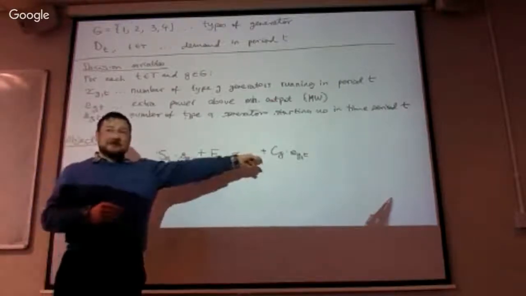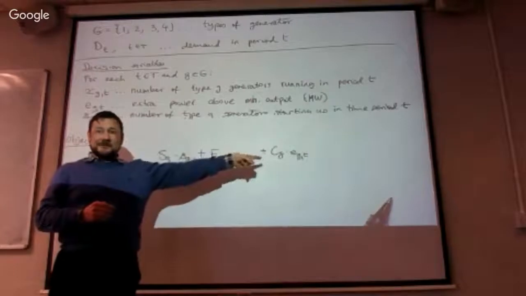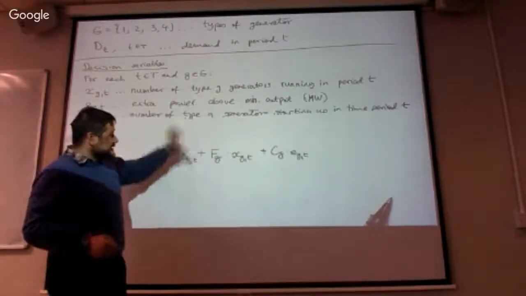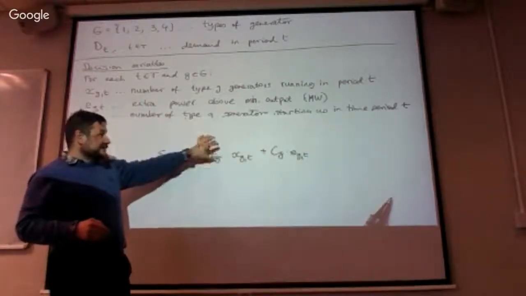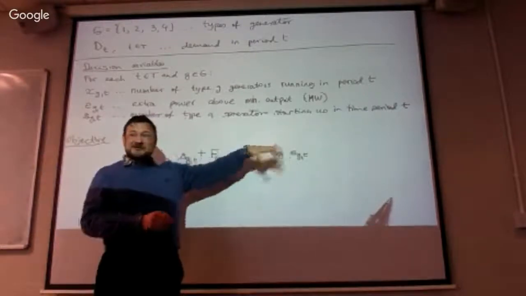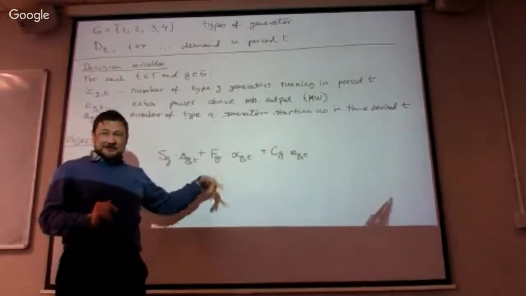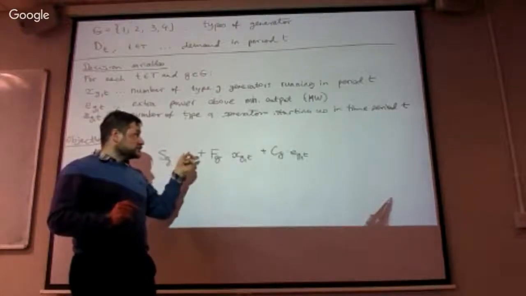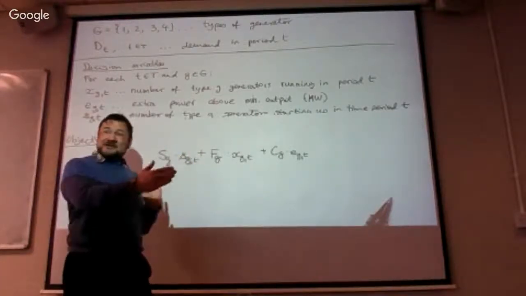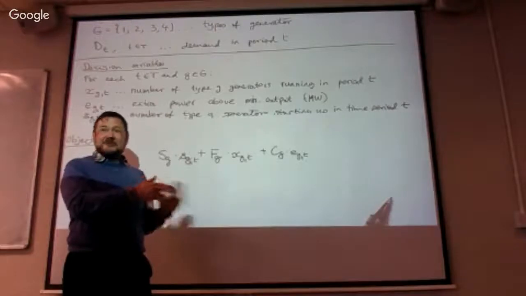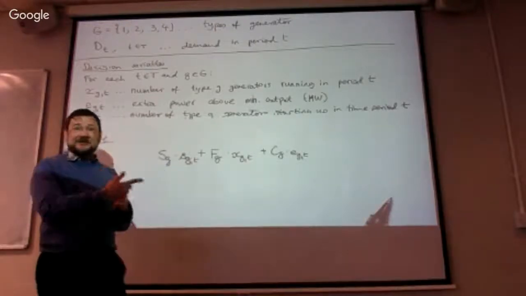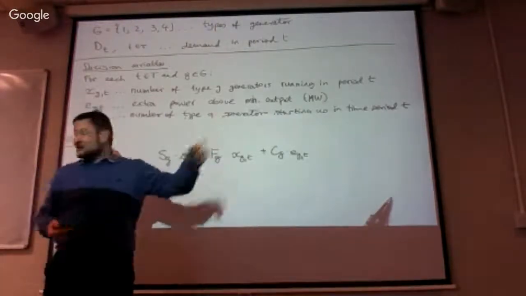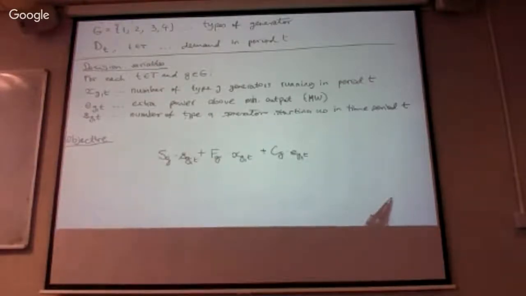This was a fixed cost of running them per hour. This is a fixed cost of extra production per hour. And each of the time periods has a different length. So we should really multiply it by the length of the period.